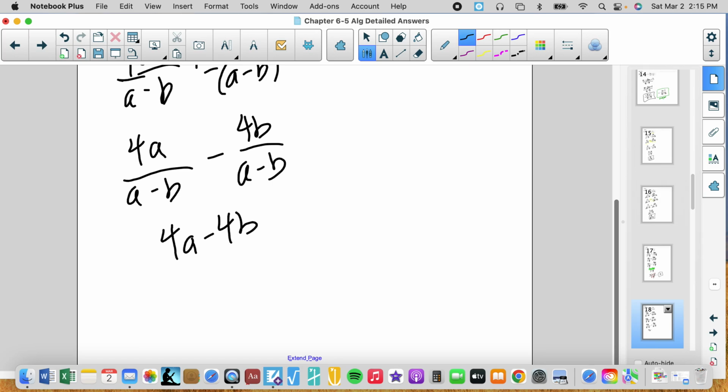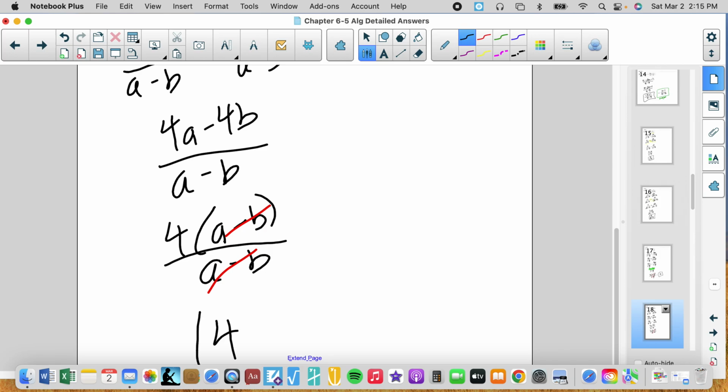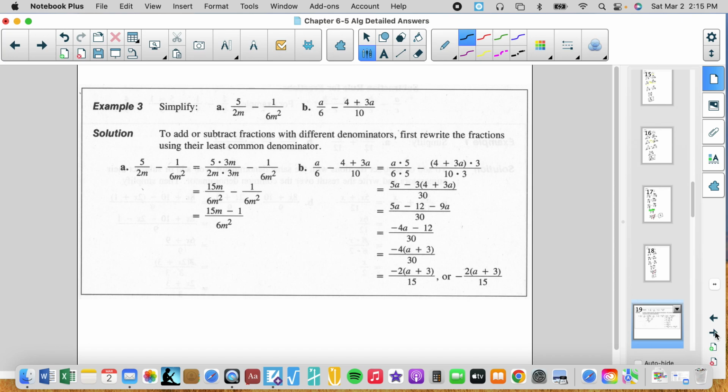Like denominators, combine their numerators. Now we can factor out a 4, a minus b over a minus b, cancel, you're left with 4. Love it when they're fun and clean like that.